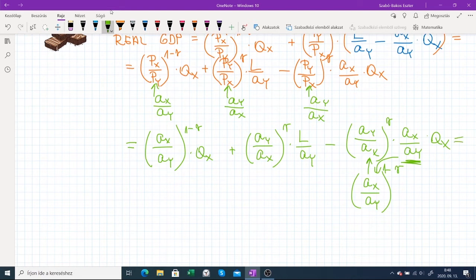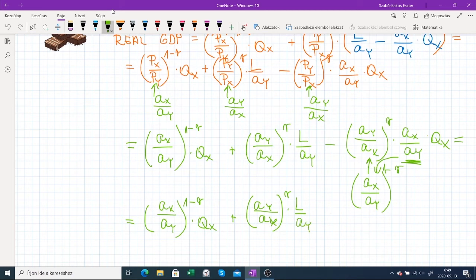So the real GDP for a closed economy is (Ax over Ay) raised to power of 1 minus gamma times Qx plus (Ay over Ax) raised to power of gamma times L over Ay minus (Ax over Ay) raised to power of 1 minus gamma times Qx.